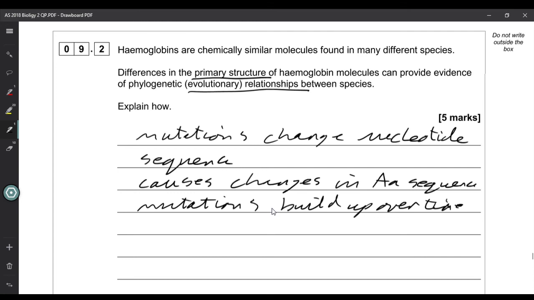Whereas if you've got two species that have a very distant common ancestor, so they've diverged from the common ancestor a long time ago, then there's more time for mutations to build up, and therefore their amino acid sequence will be much more different.